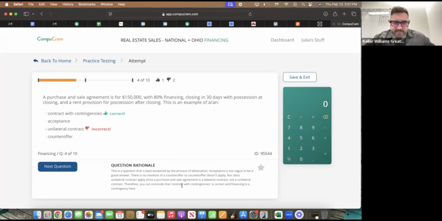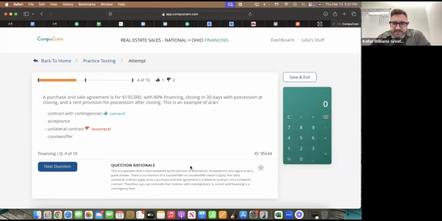Let's read the rationale. This is a question that is best answered by the process of elimination. Acceptance is too vague to be a good answer. So I thought it was acceptance, but apparently that's too vague. There's no mention of a counteroffer. Yeah, we all knew it wasn't counteroffer. Nor does unilateral contract apply, since a purchase and sale agreement is a bilateral contract, not a unilateral one.